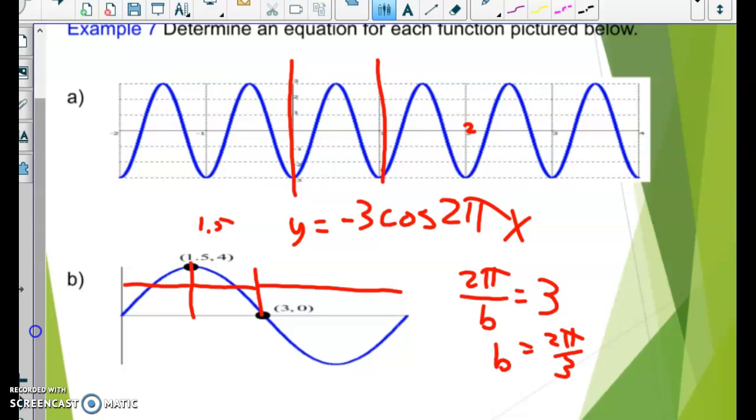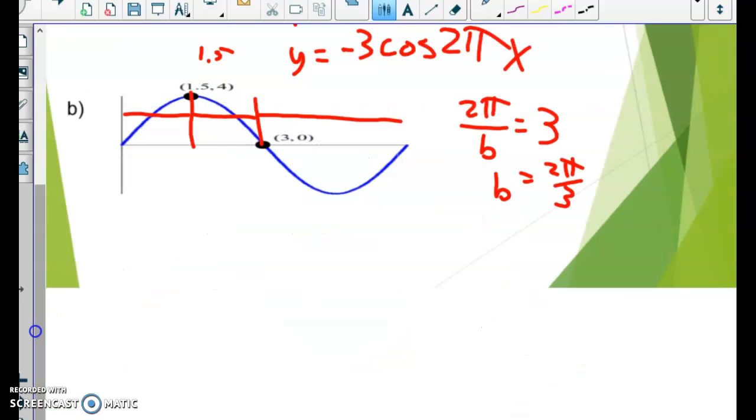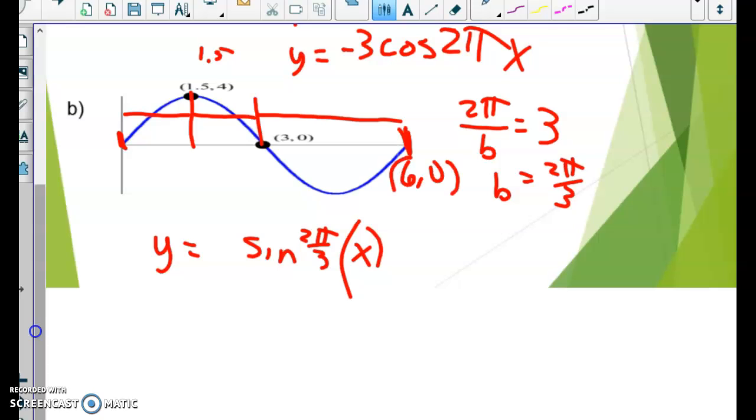So when I make this, and let's start with this, it looks like a sine graph. So I'm going to say y equals the sine, and I know that my b is going to be 2 pi over 3. And then it doesn't look like I have any shift left or right, because I'm starting my period at 0 and I'm ending it somewhere over here. I'm going to guess 6 zeros, my guess.